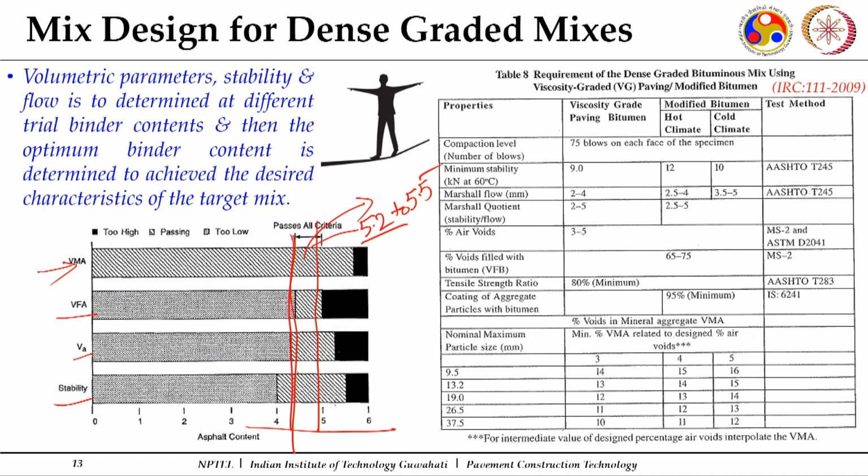In addition to this, the current guidelines and recommendations state to go for a binder content which gives you 4% air void content. See whether it meets the other requirements. If it does, that can be considered as your optimum binder content.